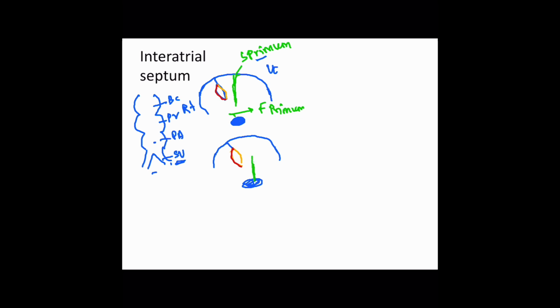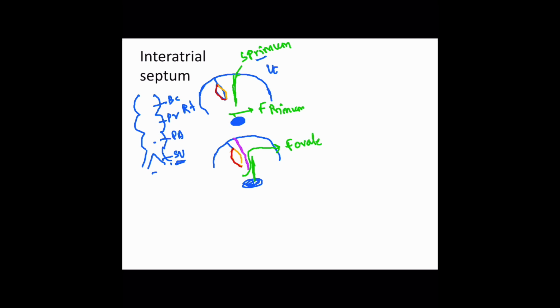Now in between this septum spurium and this septum primum, there appears septum secundum. With the appearance of this septum secundum, there is formation of an oval foramen in between septum primum and septum secundum. Okay, now this oval foramen is called the foramen ovale.